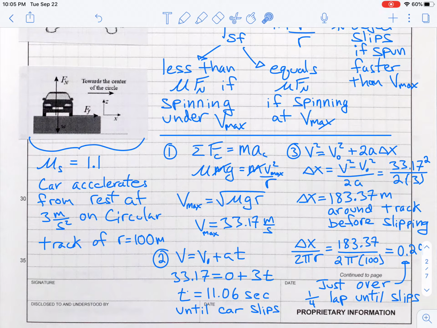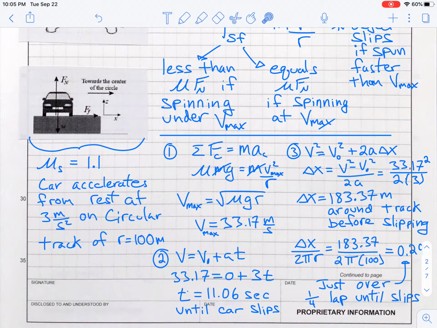So I don't think 1.1 is totally out of the question, although it may be unusual. Wet roads might have a coefficient sometimes as low as 0.1, and icy roads maybe even lower than that. So this is a very sticky combination of road and tire that we're talking about here, but not too crazy.